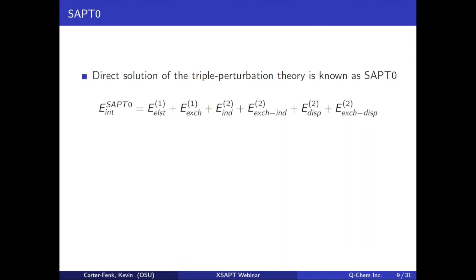So not only do we get a total interaction energy, but we also end up with various contributions that are intuitively understood as, so at first order, we get electrostatics, the interaction between the charge densities and nuclei in each fragment, and the exchange repulsion, which is a result of anti-symmetrizing the monomer wave functions.